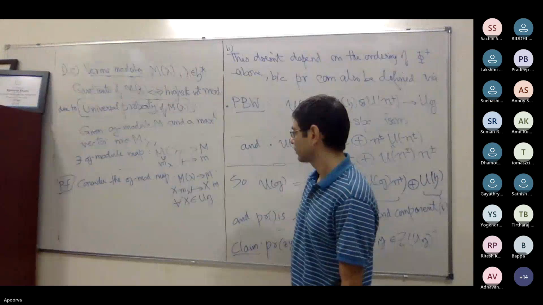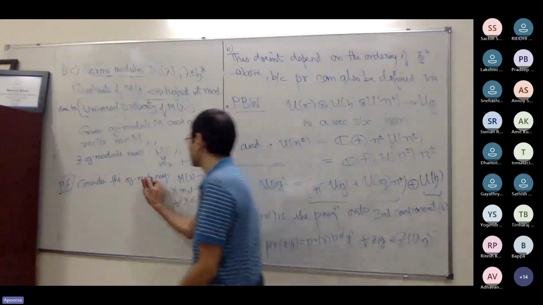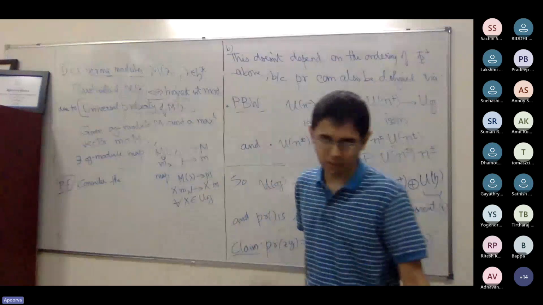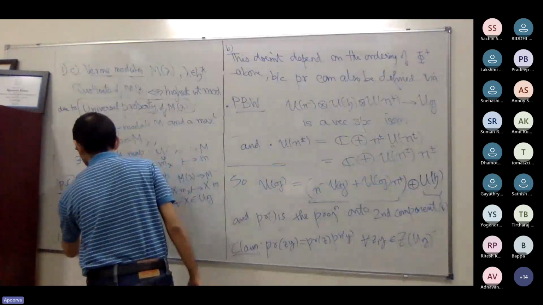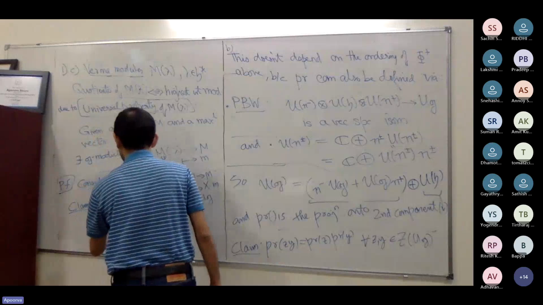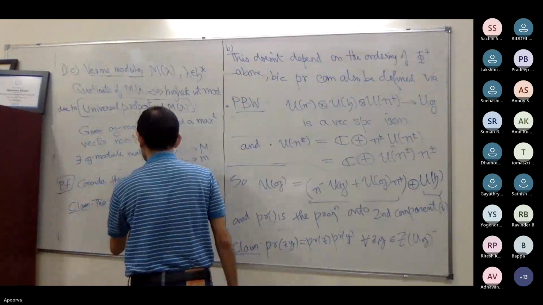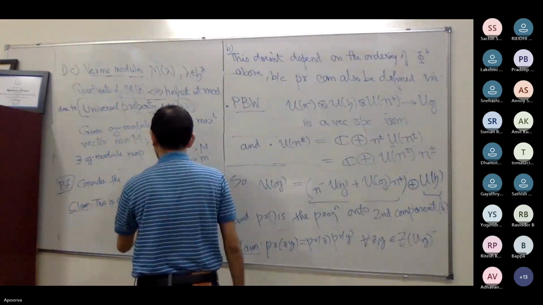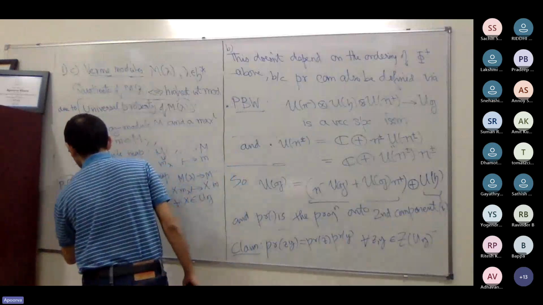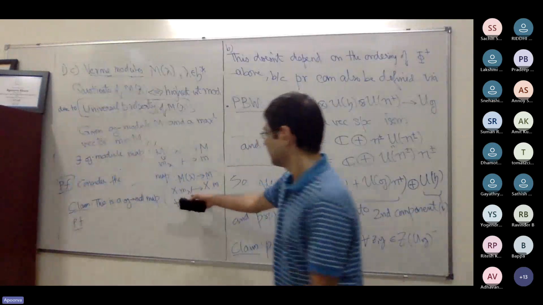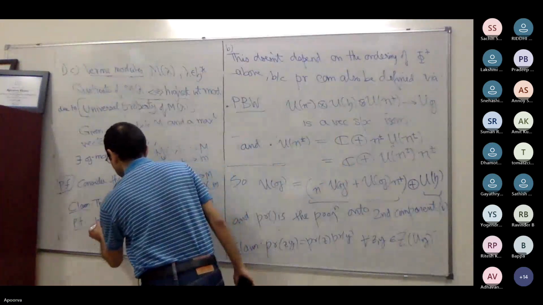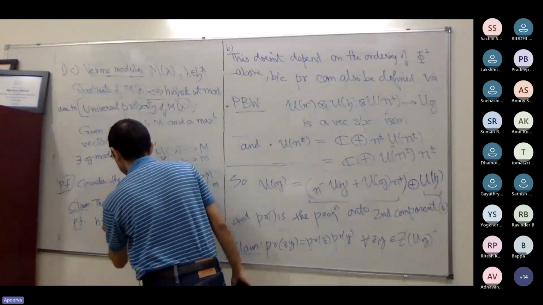Sorry, consider the map. This is just the map. The claim is that this is a G module map. Why is this true? Because the Verma module is given by one generator and some relations, right? So what is H minus lambda of H?